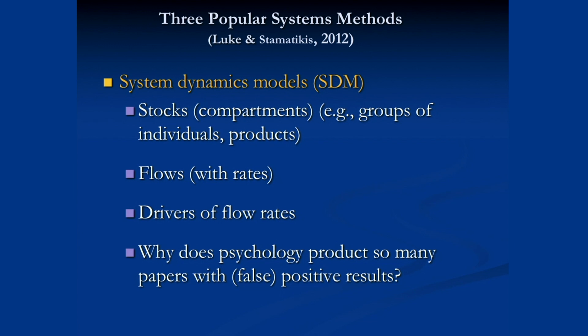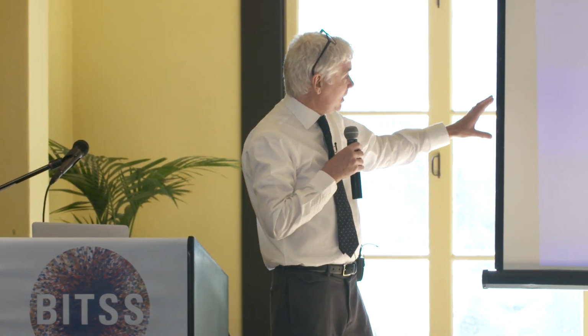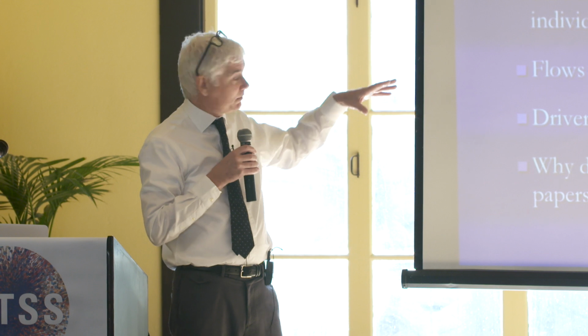So there are three basic types of models that people use who do systems models. One is a system dynamics model. The thing I showed earlier was an example. Here you have stocks or compartments. So these will be things like groups of individuals or products. So your stock could be publications. You have flows from one stock to the other. You have drivers of those flows.